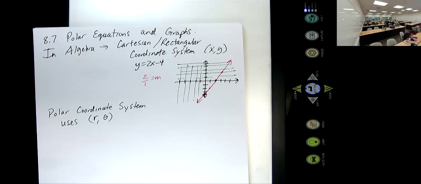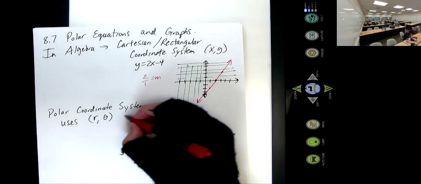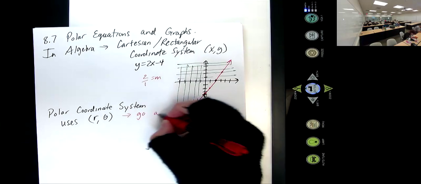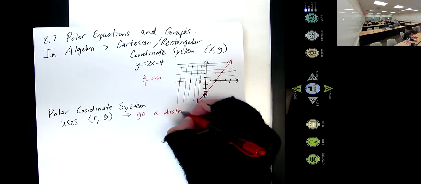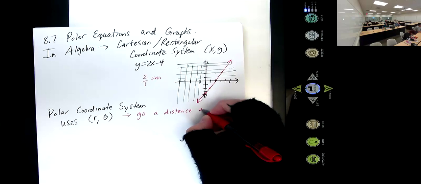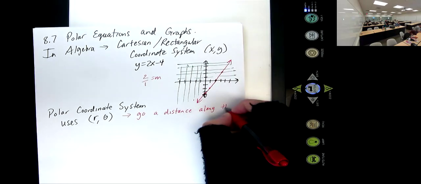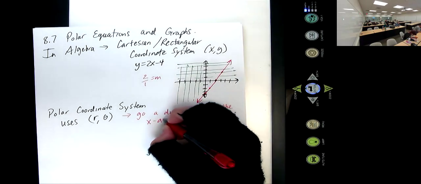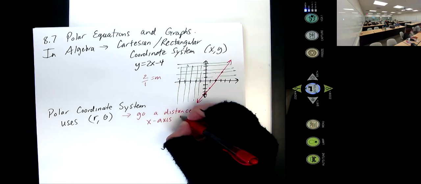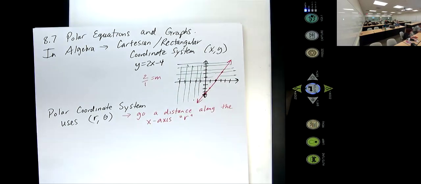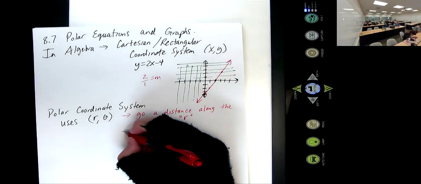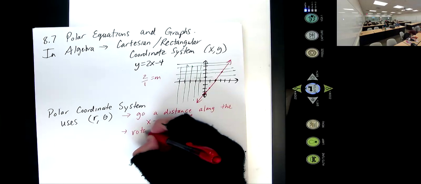I think the easiest way to view this is to go a distance r along the x-axis. So negative r would be to the left. And then rotate counterclockwise by theta.